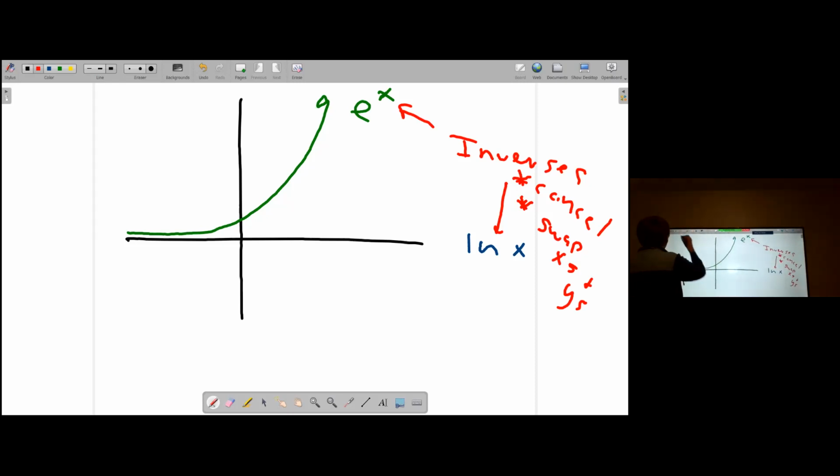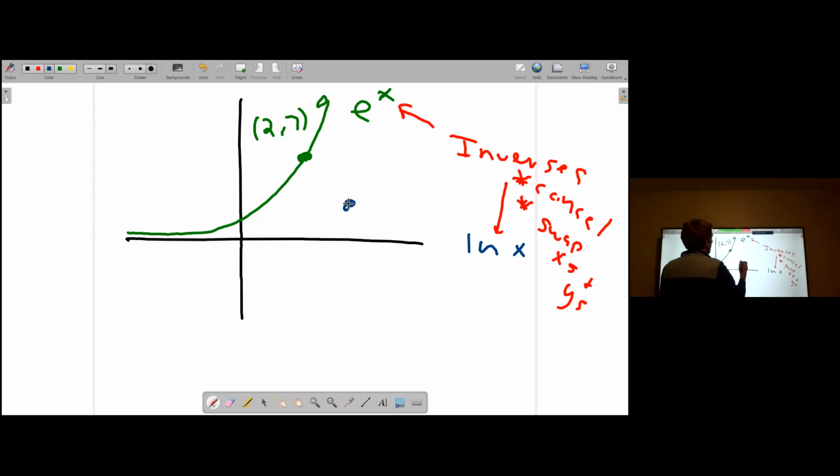So just an example of this. Let's say we had the point, this is not a perfect point, but let's say the point (2, 7) is on e to the x. Well, natural log is going to flip those, and it's going to turn it into (7, 2), which let's just say is about right here.